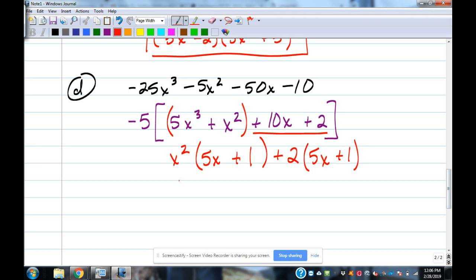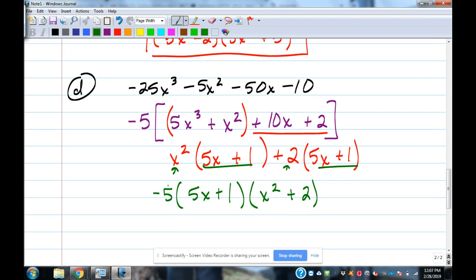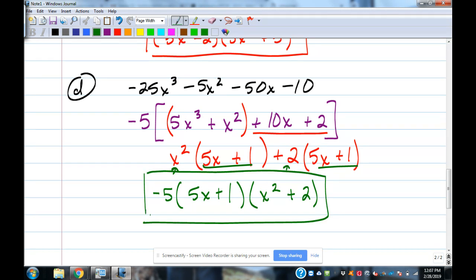So the factors that go with that: the matching piece, 5x plus 1, and then the stuff in front, x squared plus 2. Don't forget, we pulled out a GCF at the very beginning, that negative 5 that was hanging out, waiting for the end. Okay, that is the factored form for the original polynomial.